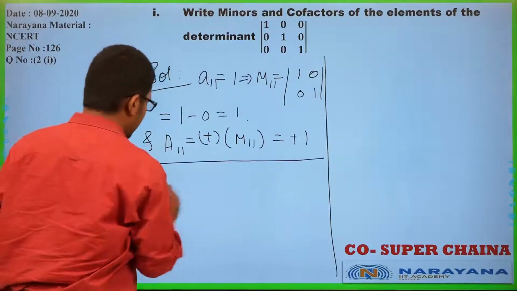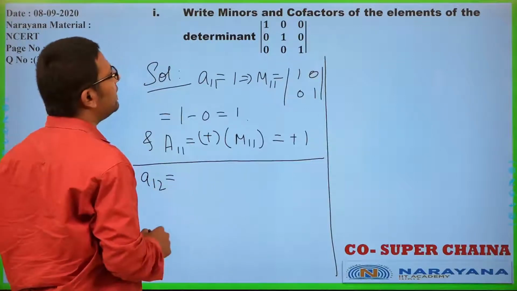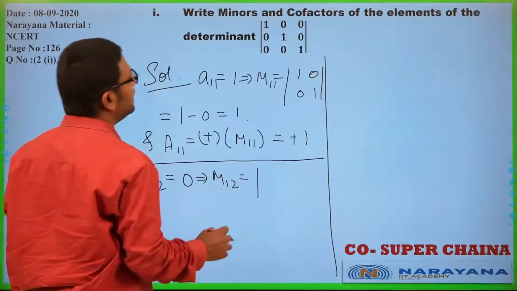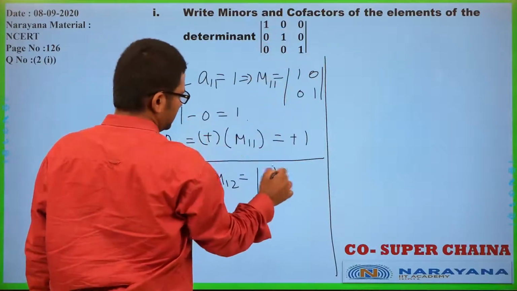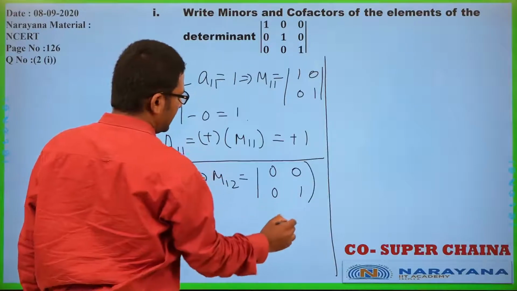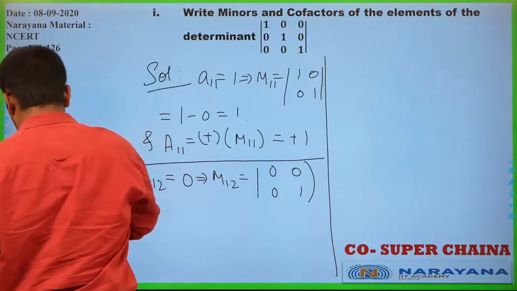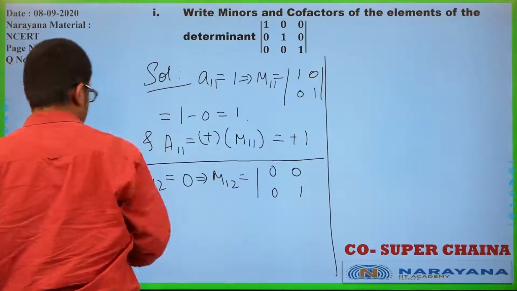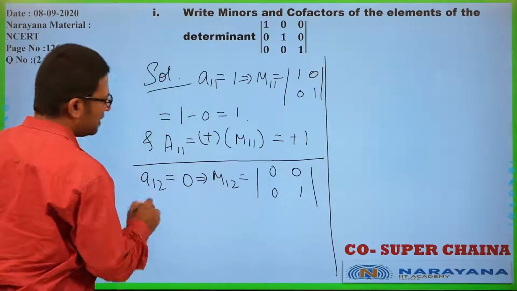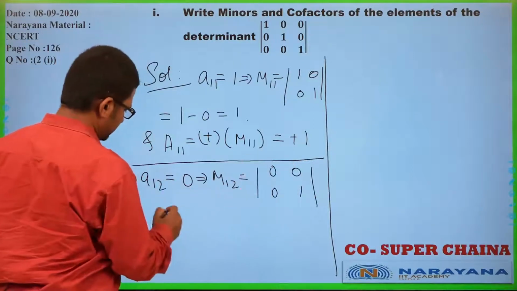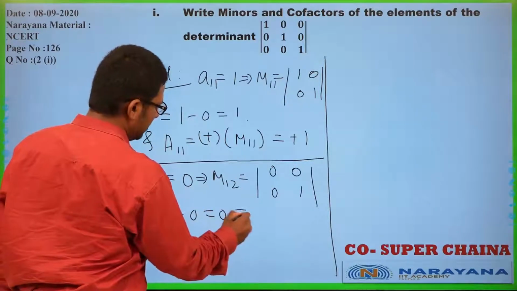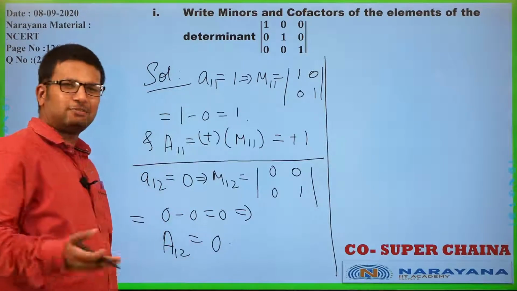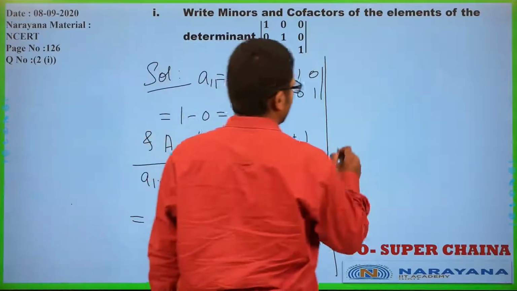Then A12 is 0, which means M12 is, leave these, so 0, 0, 0, 1, right? Which is 0 minus 0, which is 0, which means cofactor A12 will be anyway 0 whether it is plus or minus, right? Alright.